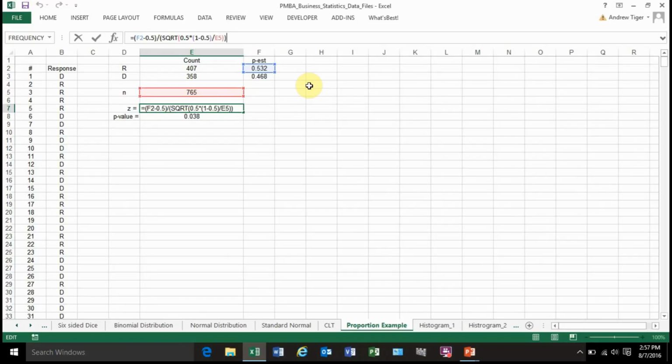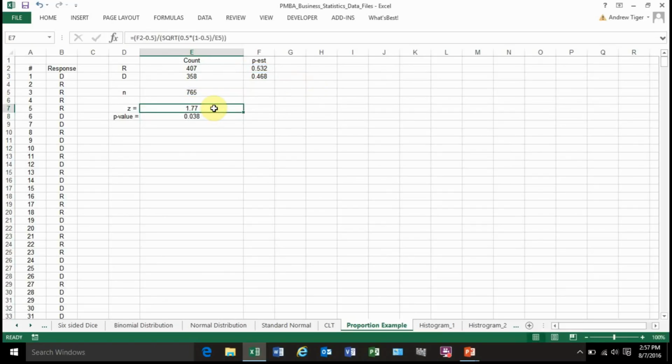And the denominator, all in parentheses, has the square root of your null hypothesis, what you think is your P. So 0.5 times 1 minus 0.5, all divided by 765, and that calculates to 1.77.